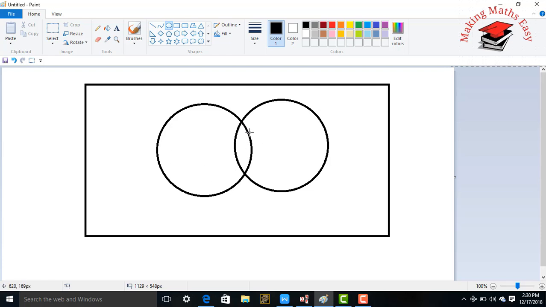So this portion of set A has been taken by set B. Similarly, this portion of set B has been taken by set A. So there are two portions of set A and set B.